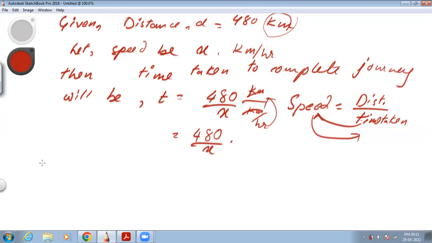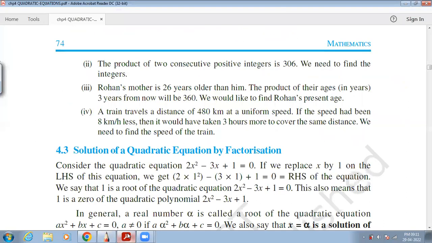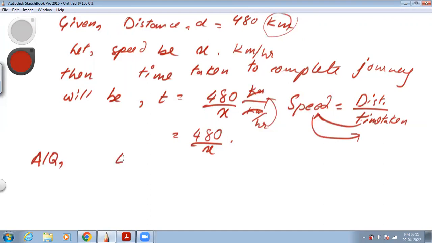Now you need to write the equation according to the question. What it says in the question is that if the speed would have been 8 kmph lesser, then it would have taken 3 hours more. So 480 is the distance, divided by the speed, which is x minus 8.